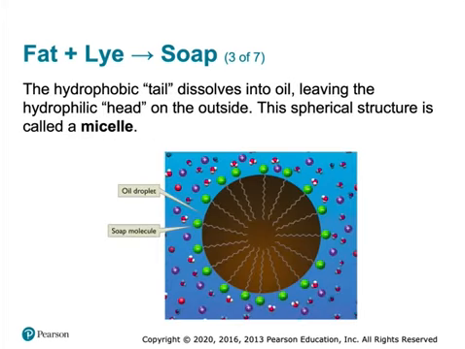How that works is you take an oil droplet, and the squiggly tails are nonpolar, and they all surround the oil part, and then the negative charge is on the outside. Now this whole thing can be dissolved into water, and this whole thing is called a micelle.